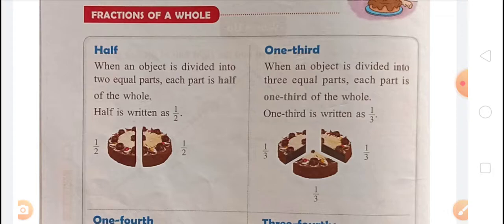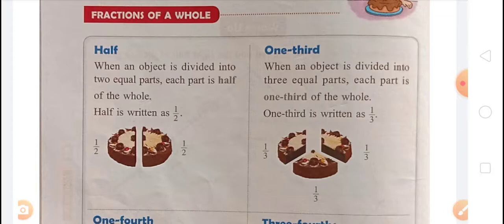One third. When an object is divided into three equal parts, each part is one third of the whole, and one third is written as 1 by 3. You can see here that a cake is divided into three equal parts, and the fraction for each part is 1 by 3.